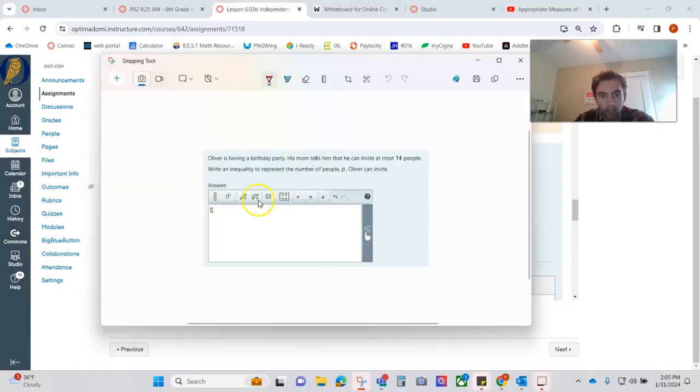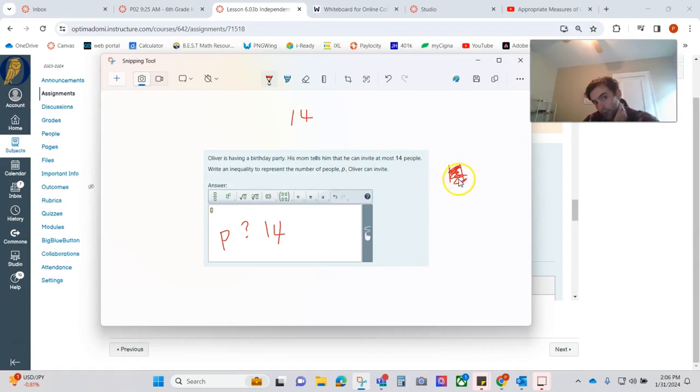So I know that my answer will go P, then something, alligator mouth, I don't know which way yet, and then the number 14. But which way is the alligator mouth going? So let's work. I'm going to put 14 right here.